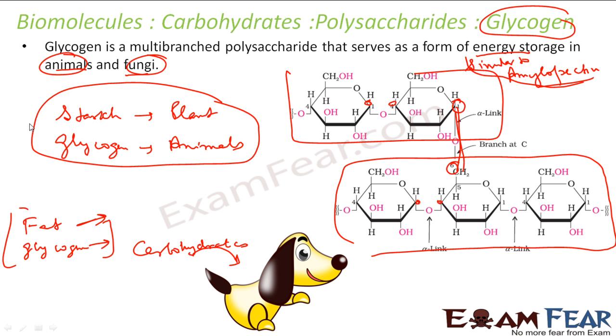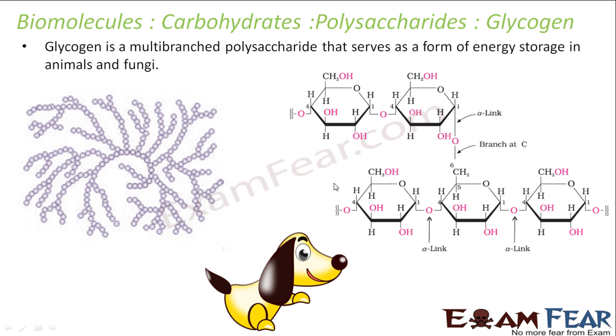The structure of glycogen is almost similar to starch, amylopectin, and since it's all about animals, it's also called animal starch. Its structure is similar to amylopectin, but it is more branched. As compared to amylopectin, this is more branched.